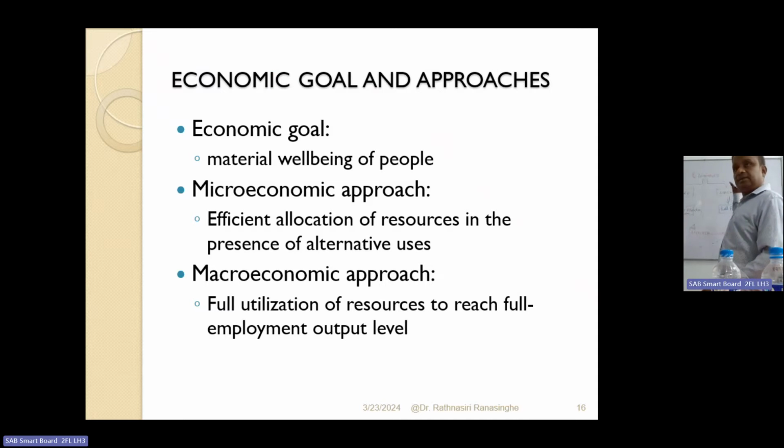That is the point where we produce on the PPC, at a particular point. Economic efficiency is there, resource allocation is also efficient. So then we talk about macroeconomics in our overall economy. Finally, macro should focus on material well-being. So the economic goal, here now we talk about theories, classical theory.